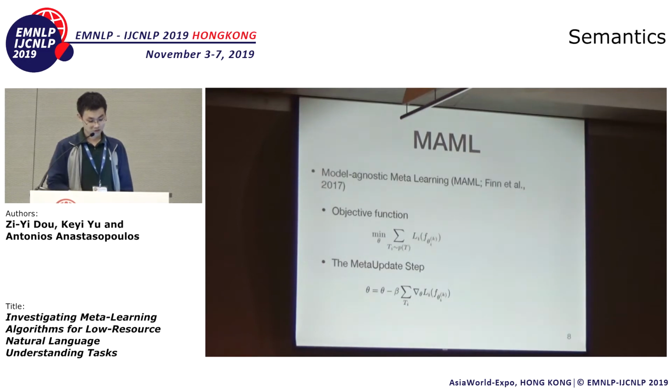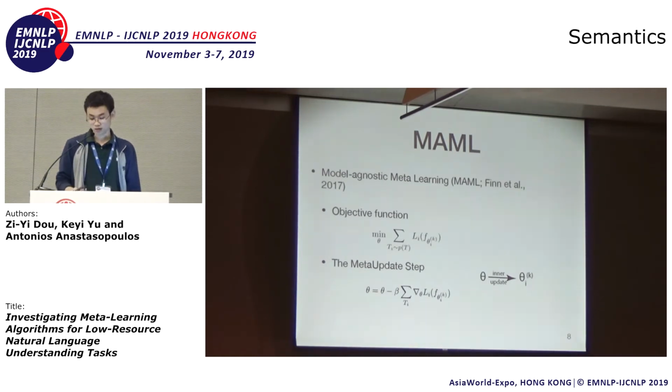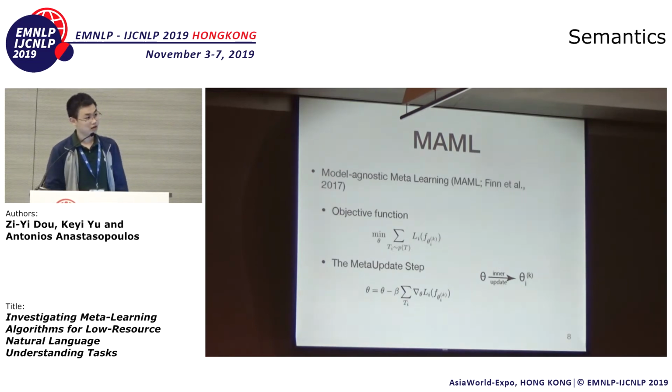The first model we try is the MAML method, the model-agnostic meta-learning proposed by Finn and others in 2017. And here is its objective function. To update the model, we directly compute the derivative of this loss function with respect to the original model parameter theta, and we do the update. Specifically, as we have mentioned before, first we do an inner loop update to update the original model parameter theta to theta_k^i.